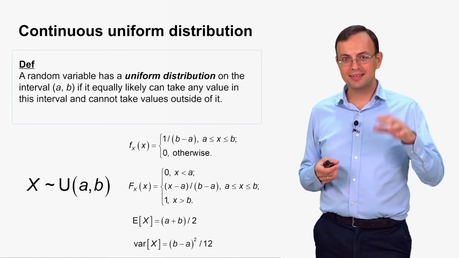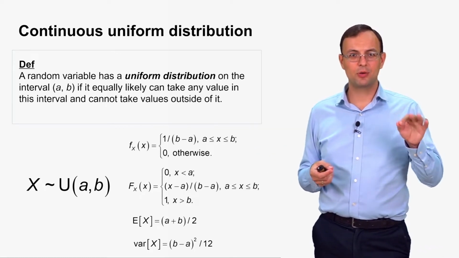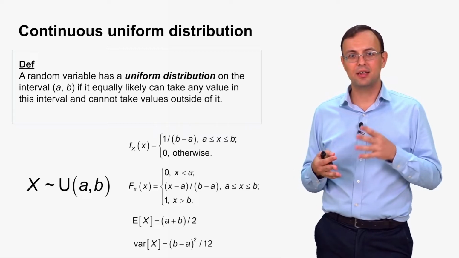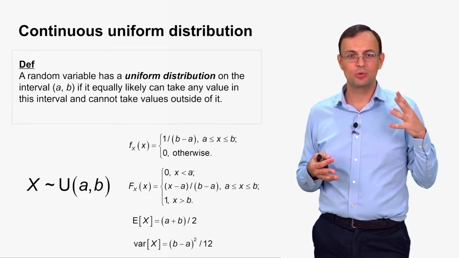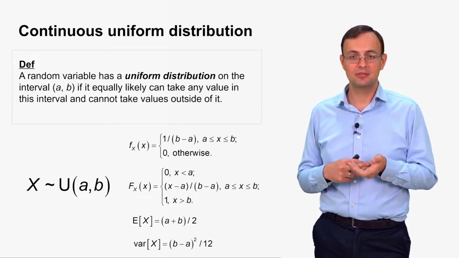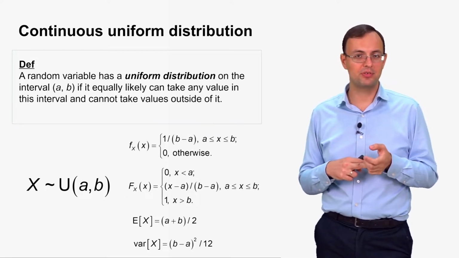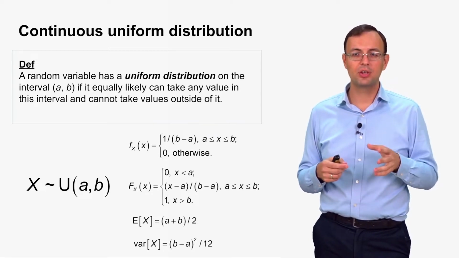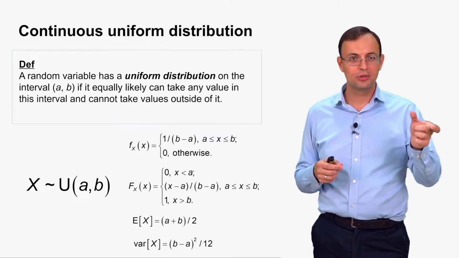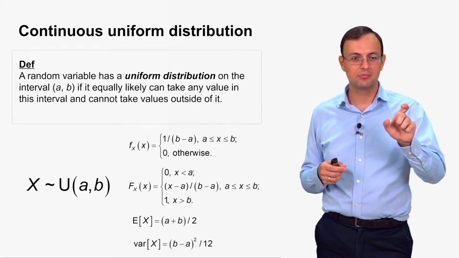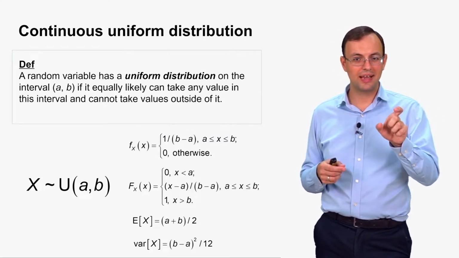If you come to a bus stop of this ideal bus line at a random time, the time you will wait for the bus has a uniform distribution on the interval from 0 to 5 minutes, the length of this interval.